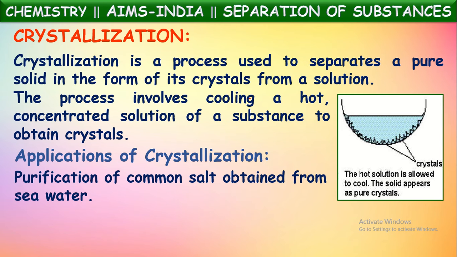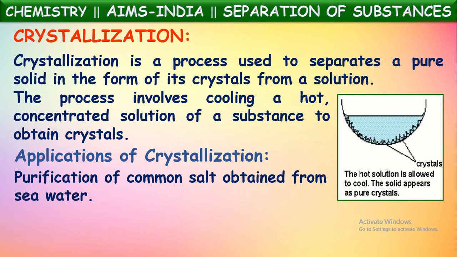It will be collected and then it should be purified before packing, because when the rock salt is collected from the meadows, it may contain some impurities. So for that purpose they purify it. In the purification process they dissolve it again in water and form a highly concentrated salt solution. From that, common salt will be separated by the process called crystallization.